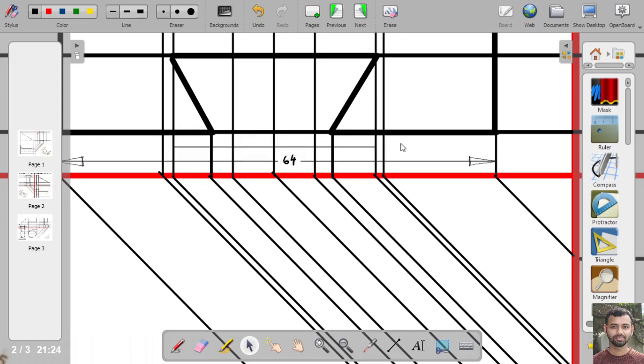Okay, so from this point to this point, it will be 30 mm.